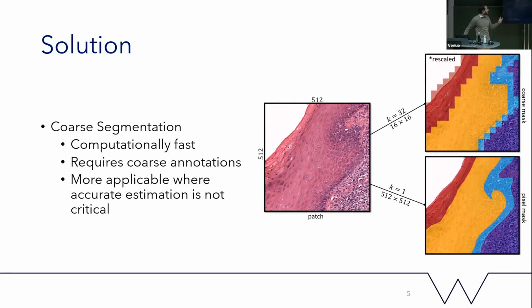But for glands, layers, other sections, tissue areas, we can do that. As you can see in the image on the top right, if we just do the coarse segmentation, we'll get a smaller mask. It's been rescaled for display purposes. And you can see the pixelated area is because it's coarse. And on the bottom, you will see the pixel-wise perfect annotation, which is expensive though.